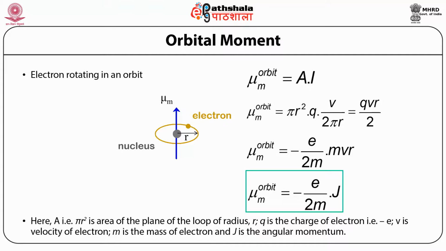Now, as we know that mvr is J, where J is the angular momentum, the expression becomes mu orbit is equal to minus e by 2m into J. Here we are using minus e because of the electron.